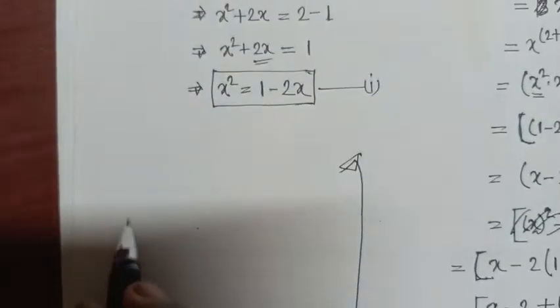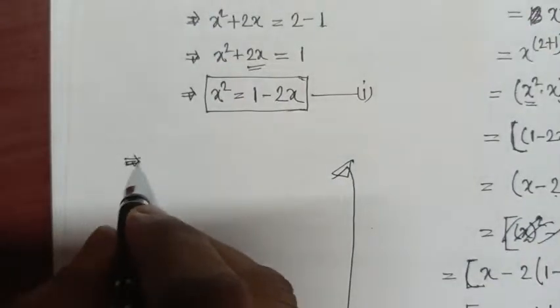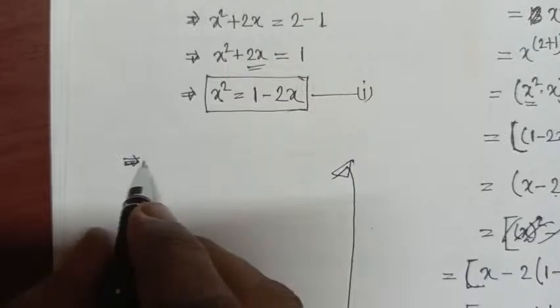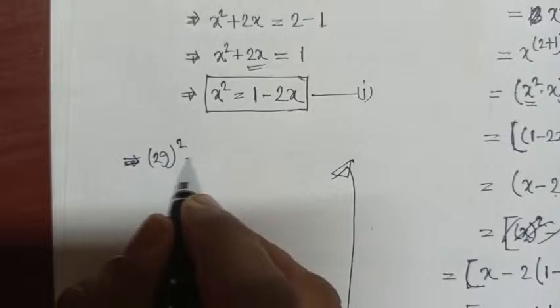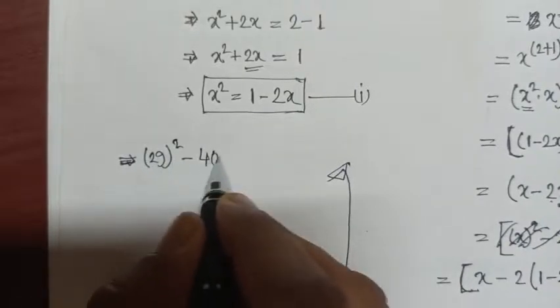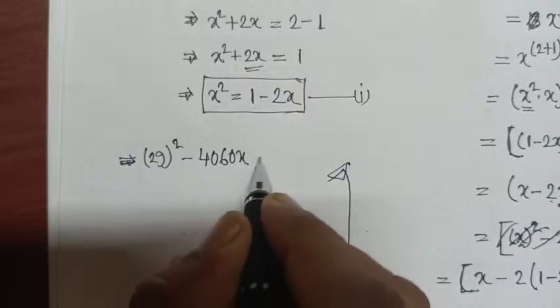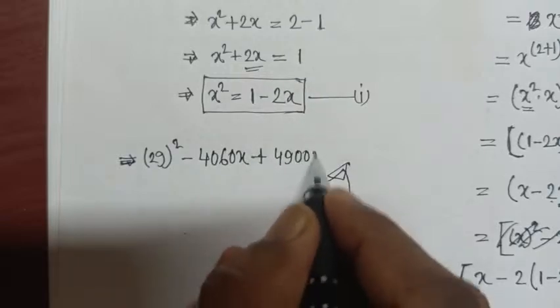Now we are moving here like this. If we move, we get 29 square minus 4060x plus 4900x square.